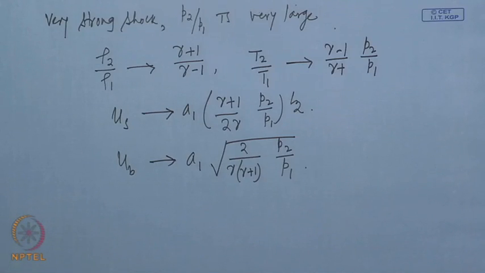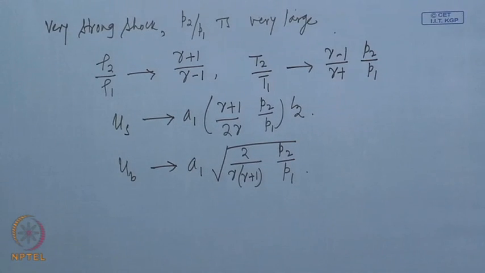Similarly, the density also undergoes a very rapid jump, and the limiting value of the density jump can be 6 for a perfect gas with gamma equal to 1.4, which is usually chosen for air. The downstream Mach number becomes subsonic, and across a very strong shock, the downstream Mach number approaches a limiting value. For air with gamma equal to 1.4, the value becomes 0.378.